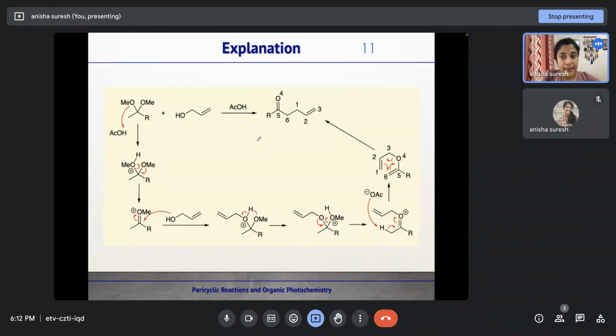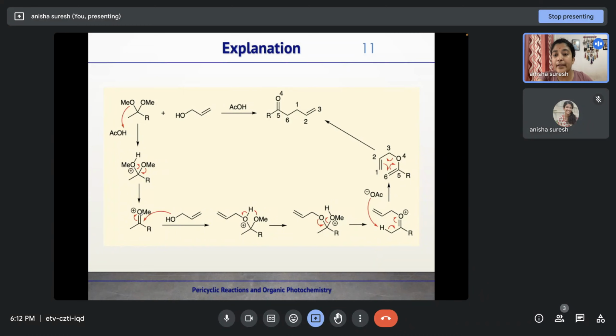Now coming towards the mechanism, in the presence of acetic acid, this ketal, here the OMe will abstract the proton from acetic acid and it will get protonated. Now, when the lone pair on this oxygen atom falls down, this protonated OMe will get removed as methanol.